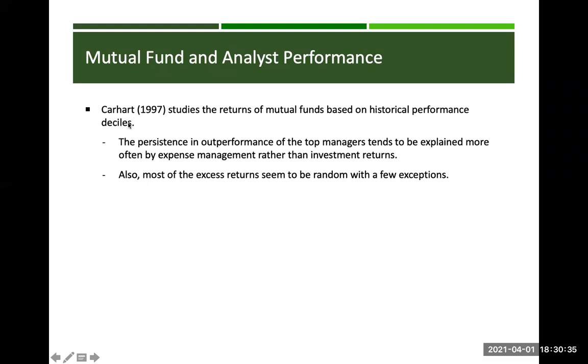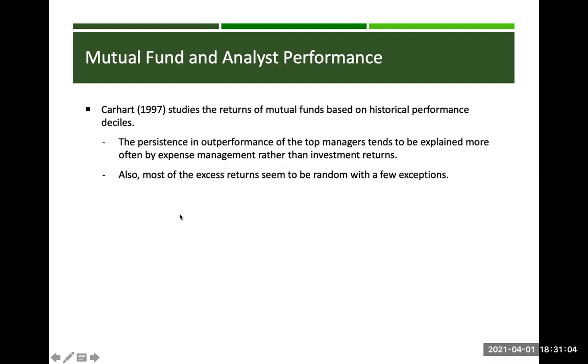One of the things that this researcher found is that the persistence in outperformance, the ones who consistently outperformed, tend to be explained more often by cost reduction, expense management. Again, the John Bogle idea. Just reduce the costs. No load funds. Reduce the expense ratio. Index everything.